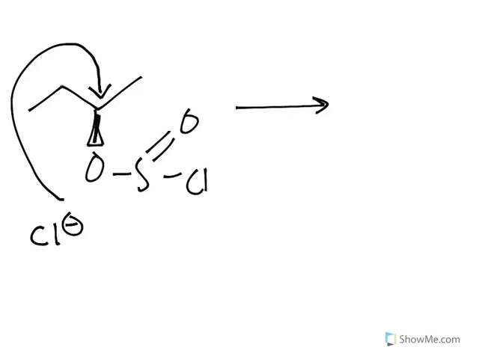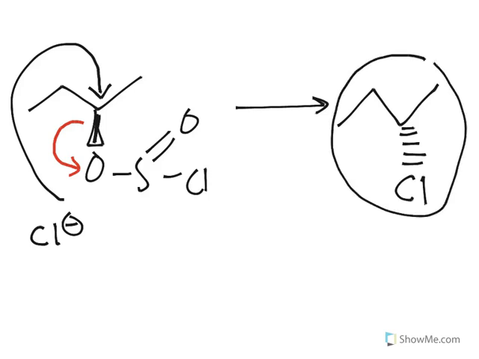Because of that, the electrons from this bond jump onto oxygen, and now you are breaking that bond. Because it was backside attack, remember that's classic SN2. Classic SN2 is backside attack, and because you got backside attack, now you have to invert the stereochemistry. So we are breaking the bond between oxygen and carbon, and forming a new bond between chlorine and carbon. And that gives us our final product here, which is that.